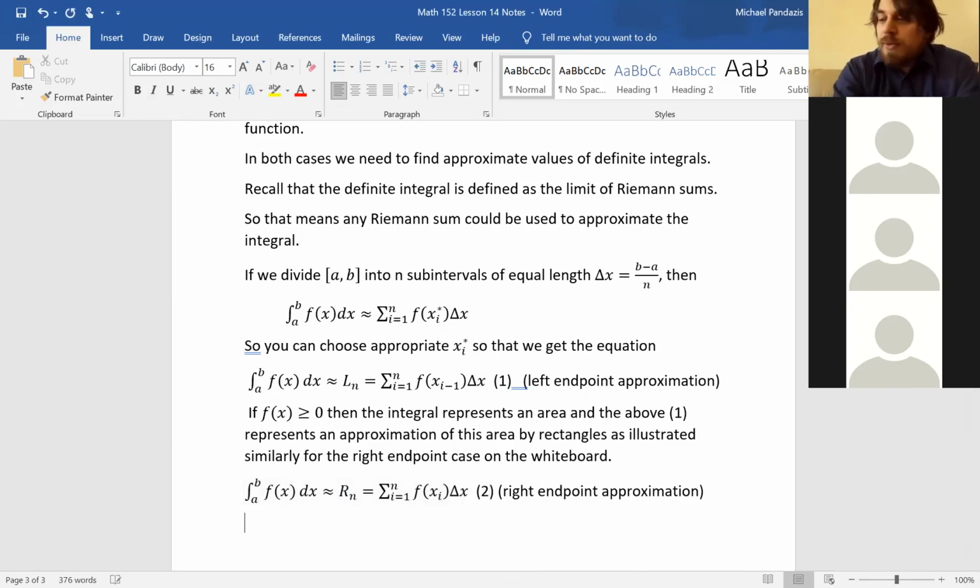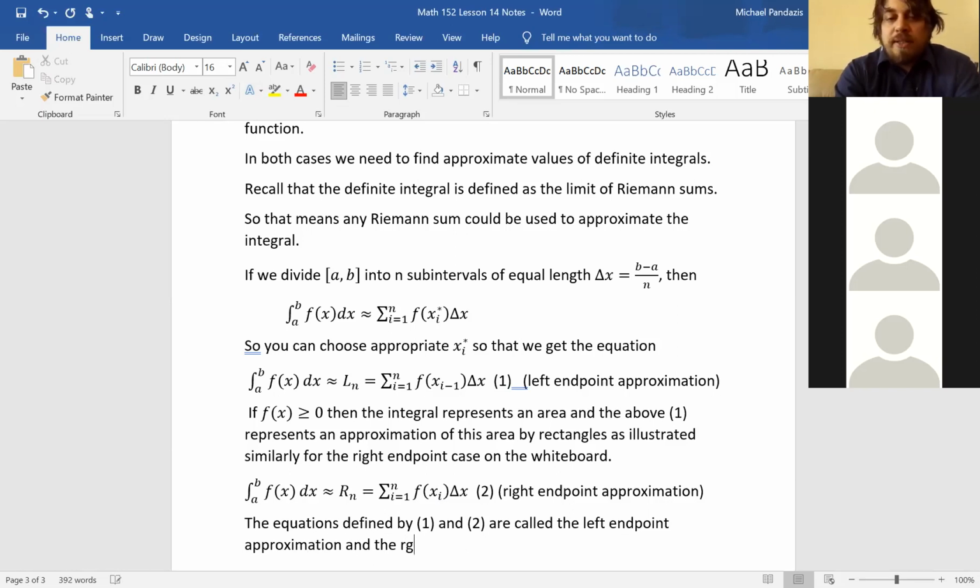Okay. So the equations defined by 1 and 2 are called the left endpoint approximation and the right endpoint approximation, respectively, meaning 1 is the left endpoint approximation and 2 is the right endpoint approximation.